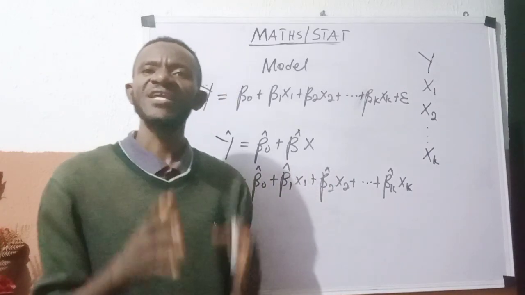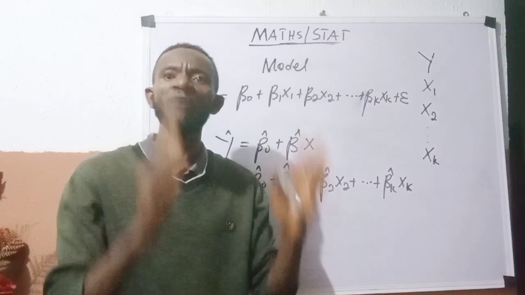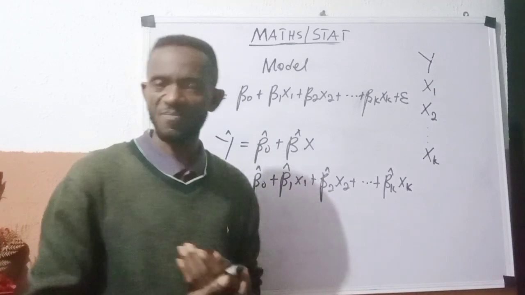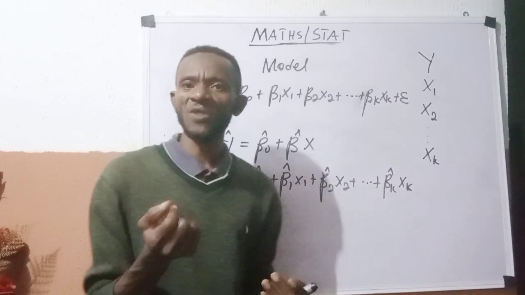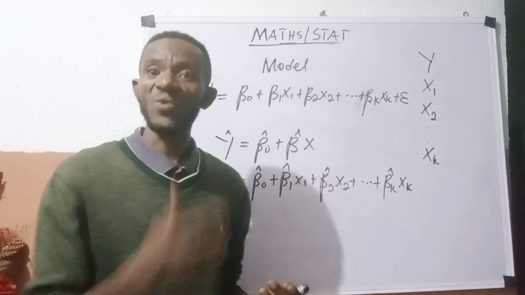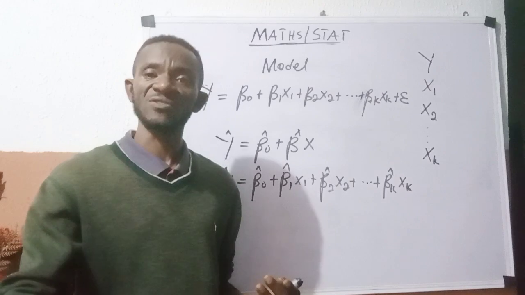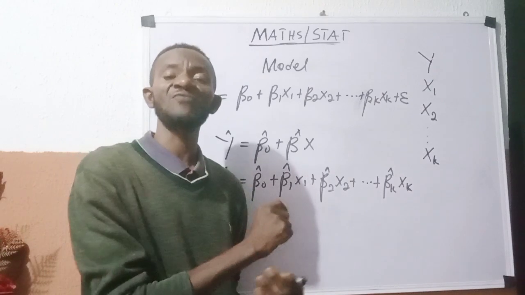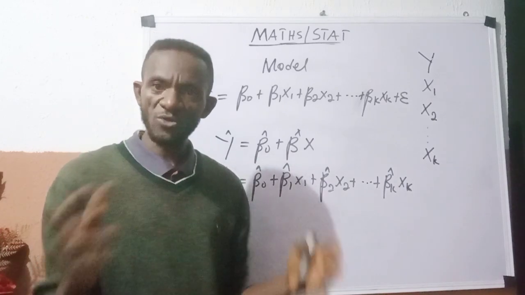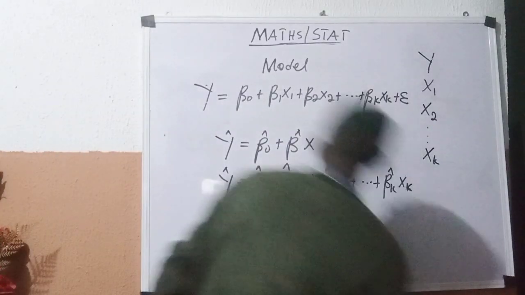So we are going to talk about the assumptions of linear regression, whether it is simple or multiple. Having understood what a model is and what an equation is, we are saying that our model is going to satisfy some specified assumptions before our estimates for the regression parameters can be reliable. So we want to discuss the assumptions of a linear regression. So permit me to clean here.